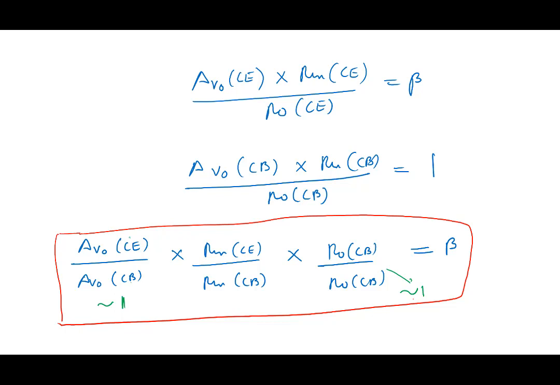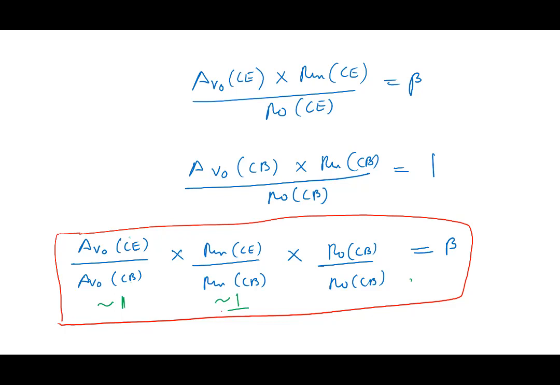Common emitter will give you an input resistance which is beta times higher than the common base amplifier, 100 times higher input resistance. Or you could also say I will make this equal to 1, and maybe in some design, let's make this equal to 1.